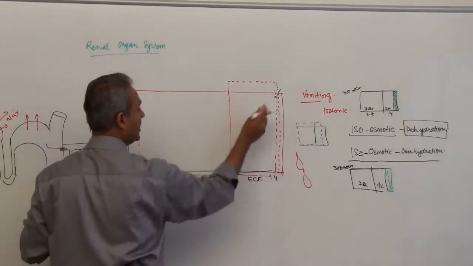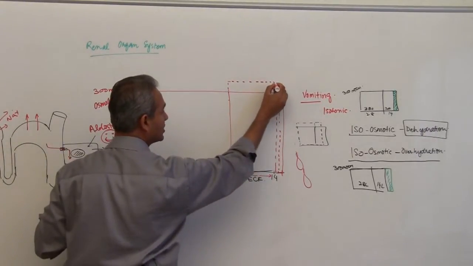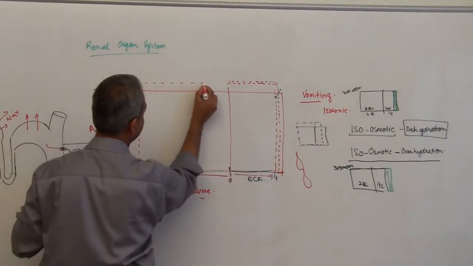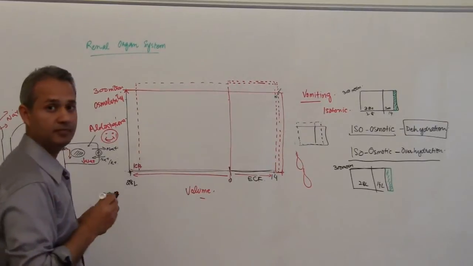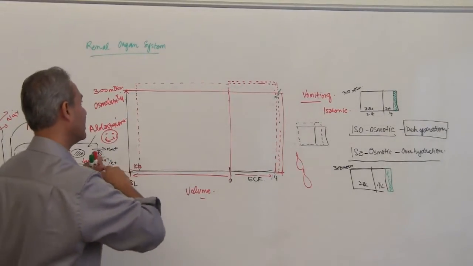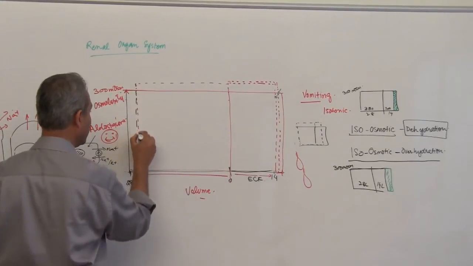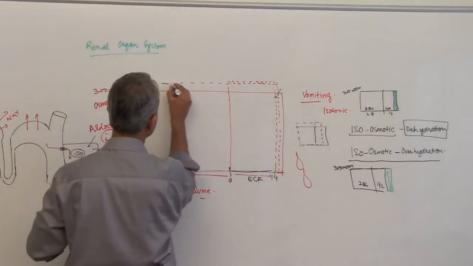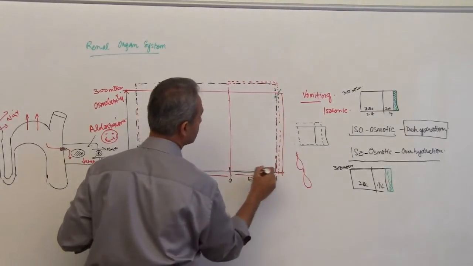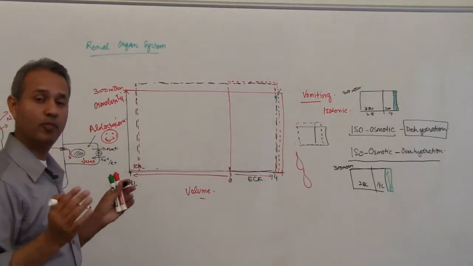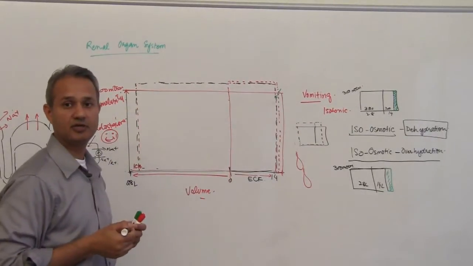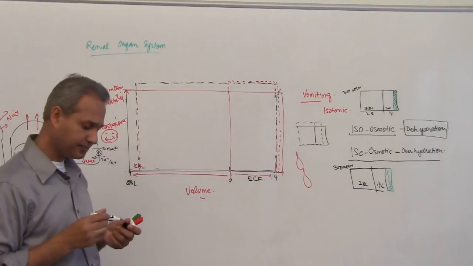As it expands, the osmolarity is going to come down a little bit, but the osmolarity over here is going to go up a little bit as well. So when everything is settled, when we are at equilibrium, we would have both compartments shrunk and osmolarity increased. That is the result of sweating.